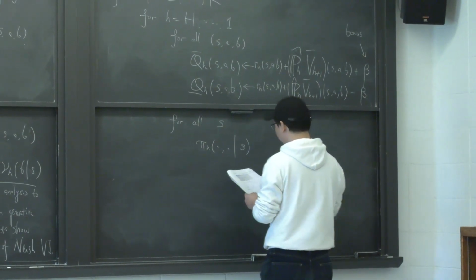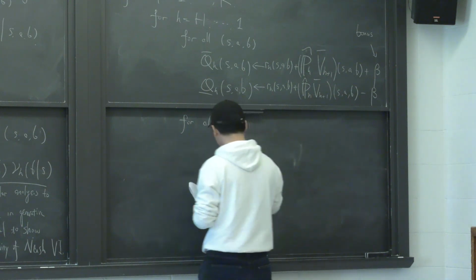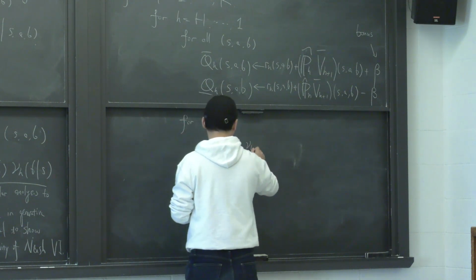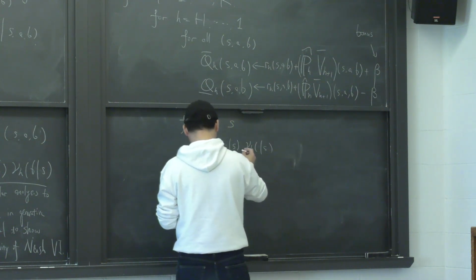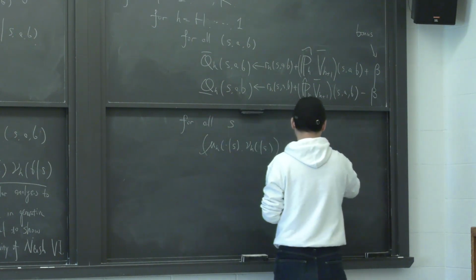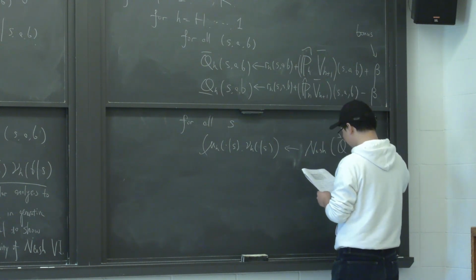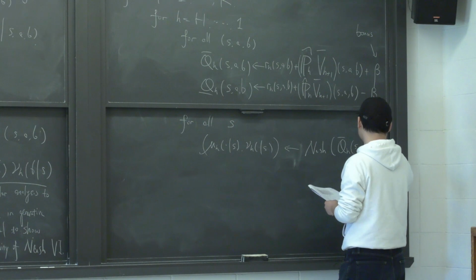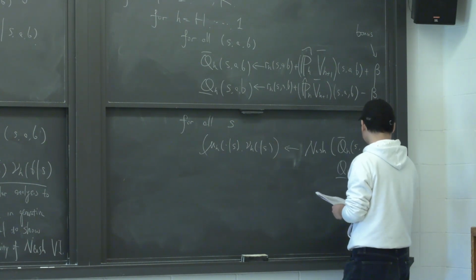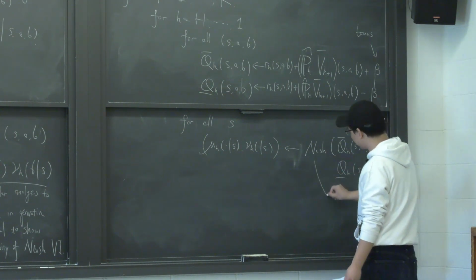So one naive idea is we can compute mu_h(s), nu_h(s) to be the Nash equilibrium of Q upper bar_h(s) and Q lower bar_h(s). Just remember, this is no longer the standard Nash equilibrium.